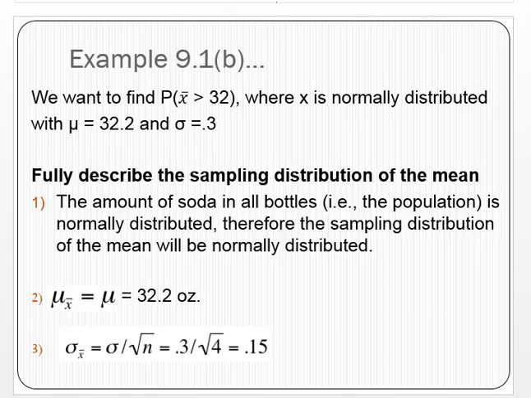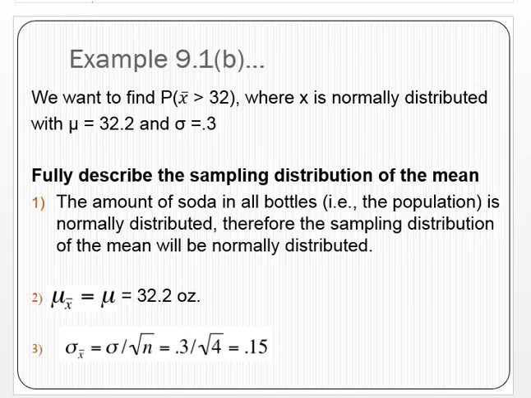That's important because remember, there's 2 ways for the sampling distribution to be normal. Number 1, the population is normal, or number 2, the sample size is greater than 30. In this case, the population is normal, so the sampling distribution is also normal.